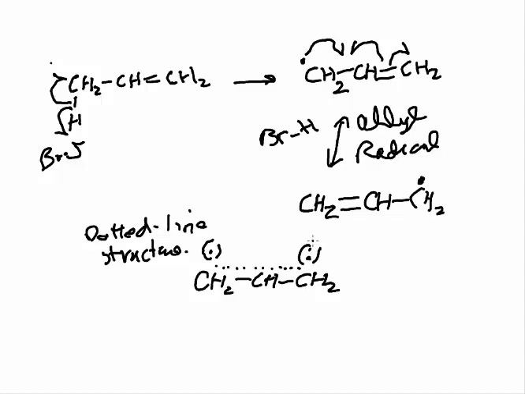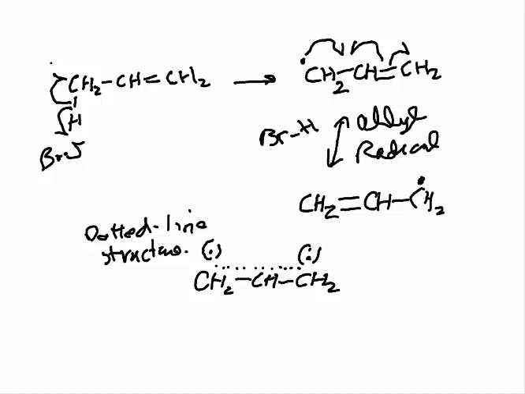Okay. Now, one other thing to point out here before we move on. Remember, we learned what an allyl carbocation is, and that if you attach an alkyl group to one of the end carbons, not the middle one, but one of the end ones, you get what's called an allylic carbocation. The same thing holds with the allyl radical. I'm going to have to clear some space.